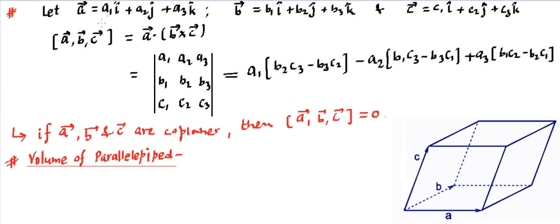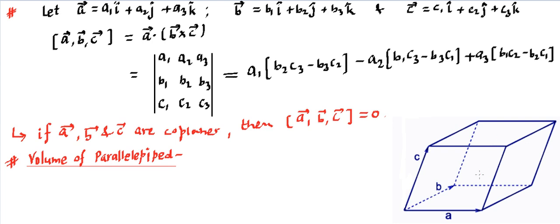Another important application of this scalar triple product is about the volume of a parallelepiped. So let's talk about this figure. See this figure. This figure is made up of three vectors. So this is indicating vector A, this is indicating vector B, which is going inside. That's a three-dimensional figure, and this is vector C. Right?